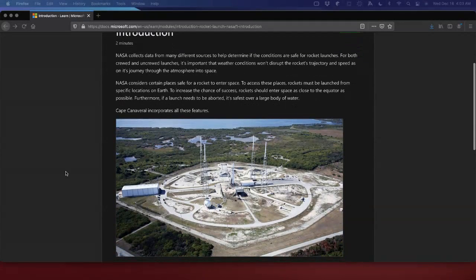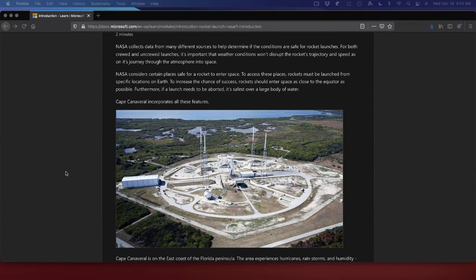So the idea is it's a very time-consuming, expensive process that takes a long time to get ready for, to launch a rocket, and the conditions are obviously unpredictable far in advance. So now that we have a couple of decades' worth of launch data that NASA has collected and can analyze, hopefully future launch sessions can be predicted better in terms of the likelihood of the situation being favorable.